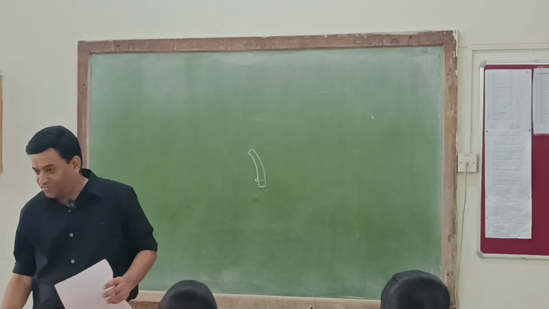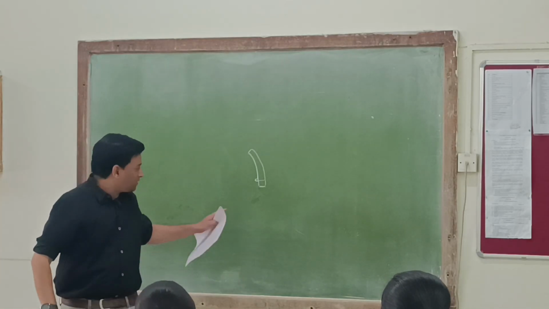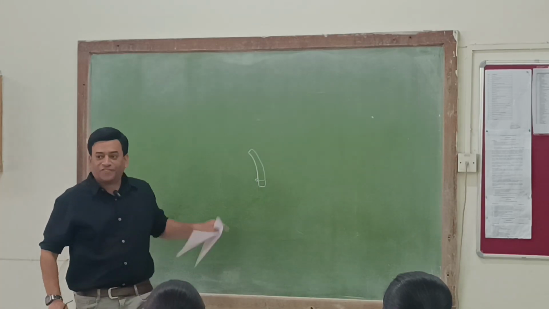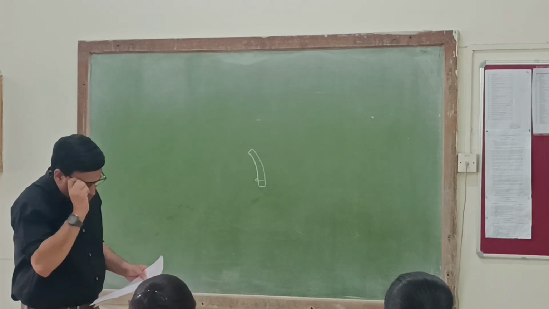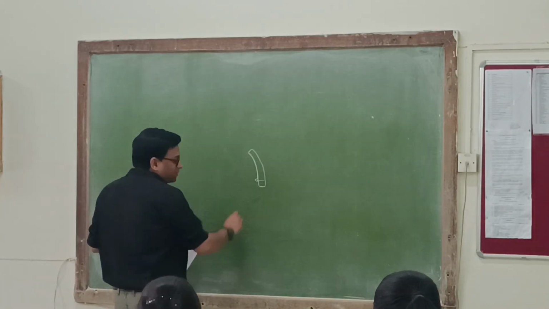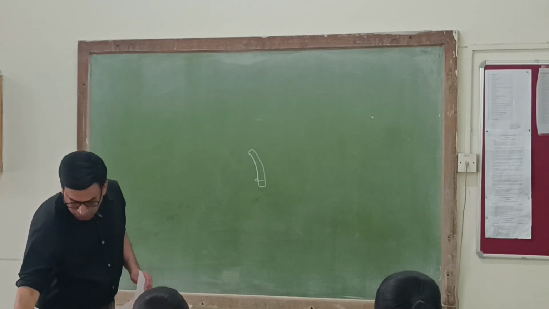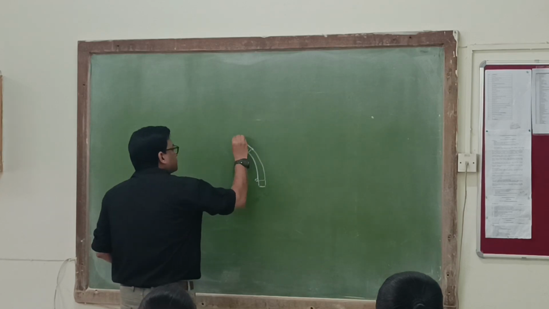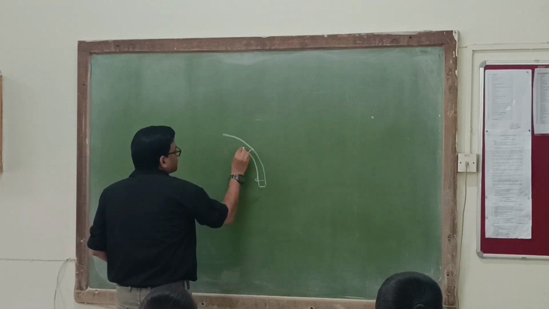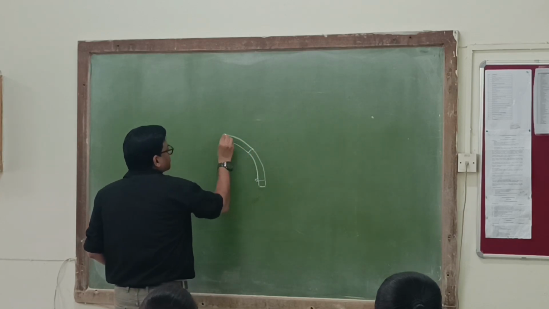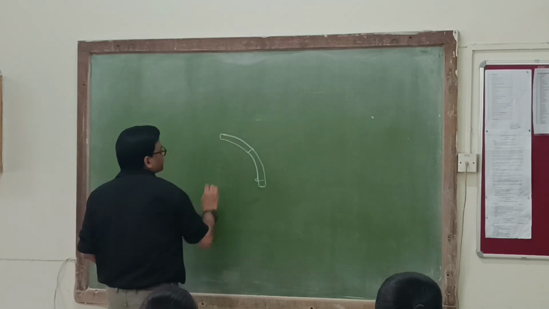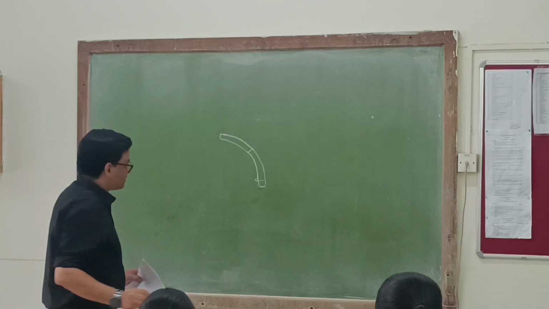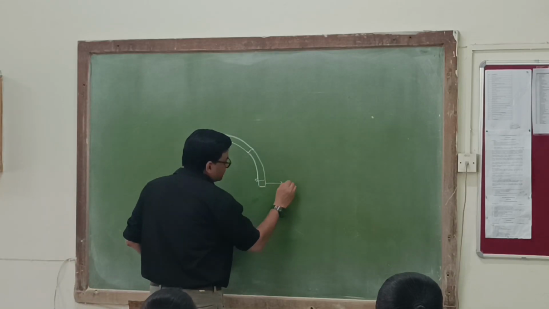Similarly, the first bone will be the nasal bone, below it there will be the premaxillae, and then we will draw the frontal and the parietal. So draw it. This is the premaxilla.